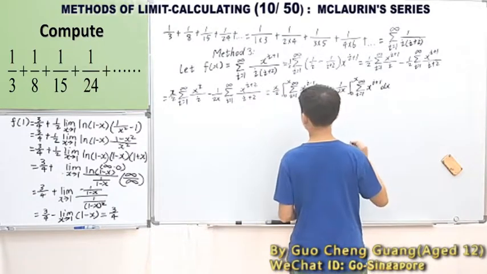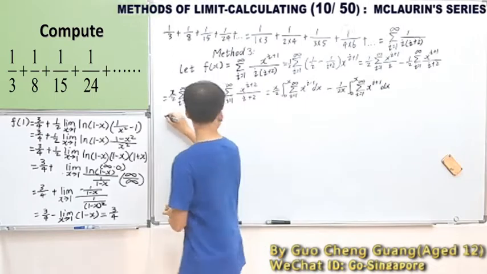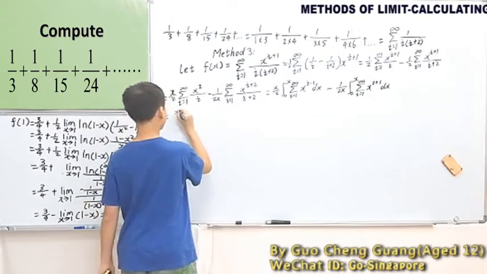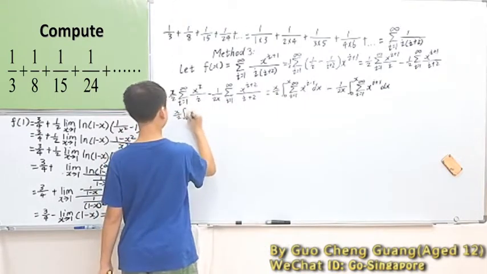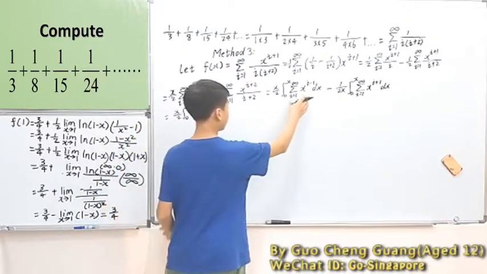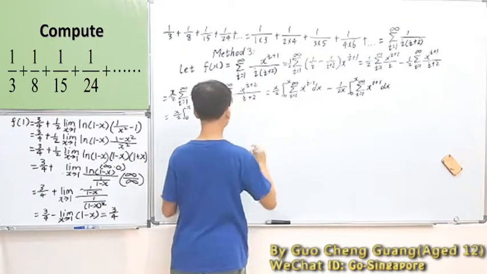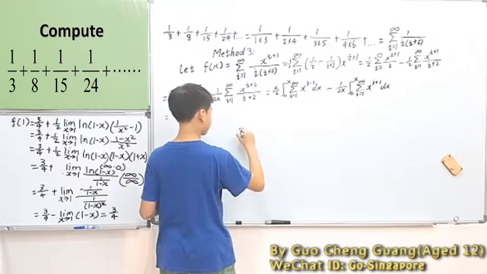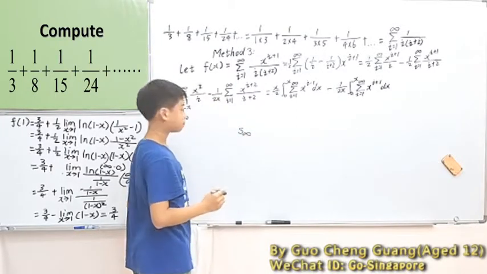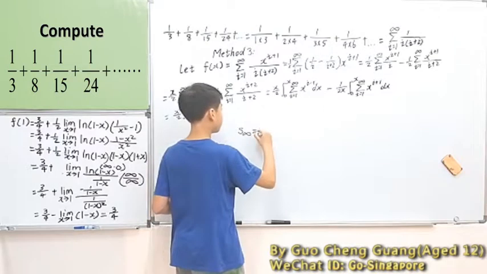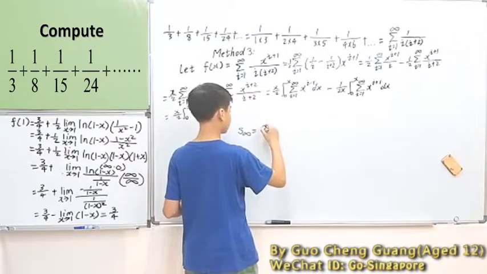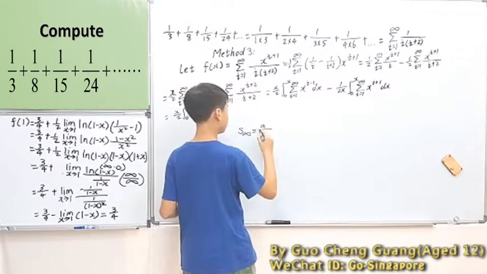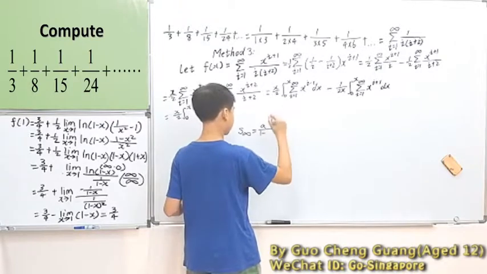So for this geometric progression with infinity terms, to find their sum is the first term over 1 minus their ratio.